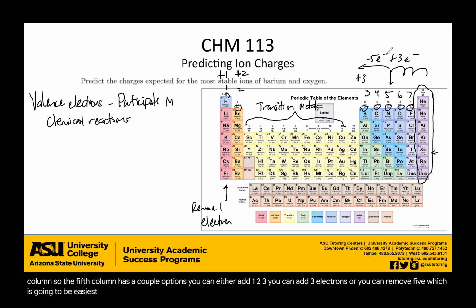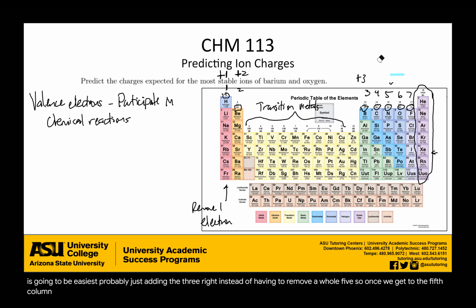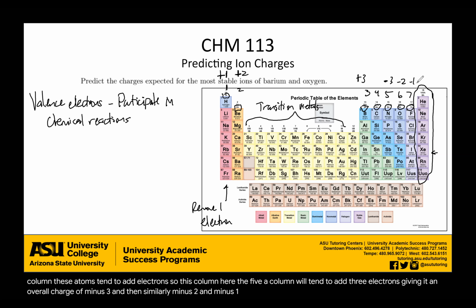Probably just adding the 3, instead of having to remove a whole 5. So once we get to the fifth column, these atoms tend to add electrons. The 5A column will tend to add 3 electrons, giving it an overall charge of -3, and then similarly -2 and -1.